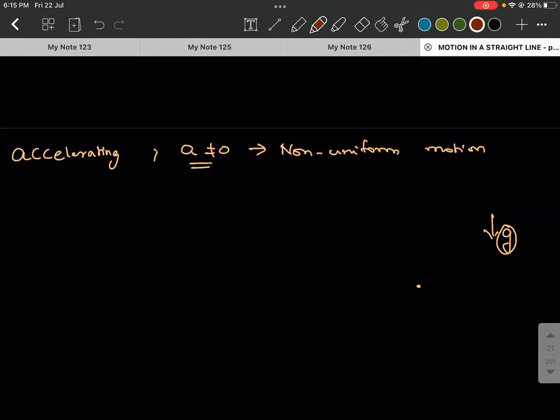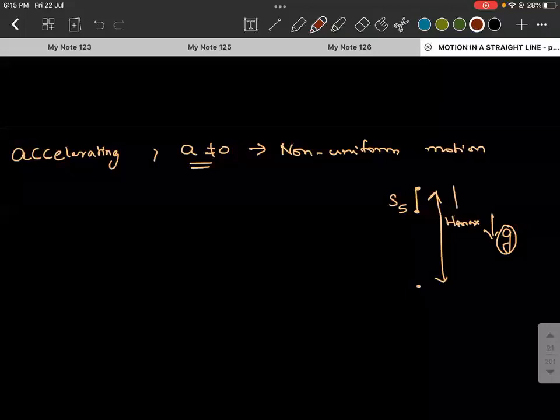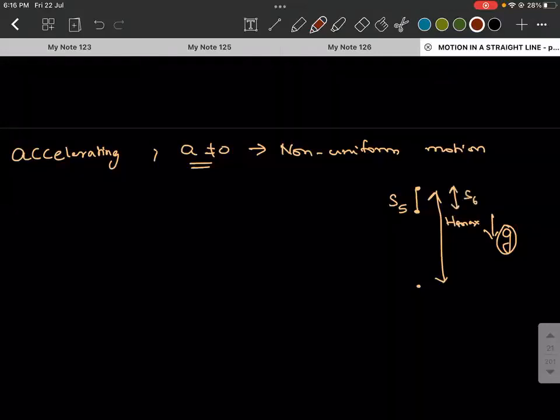So in the case of a vertical motion, for S5 and S6 to be equal, then what should have happened is if you take this to be the maximum height, then S5 would have been the distance traveled by the object before it reaches the maximum height. So if this is the distance traveled by the object in the 5th second in the upward direction, then in the 6th second, the object should have traveled in the downward direction.